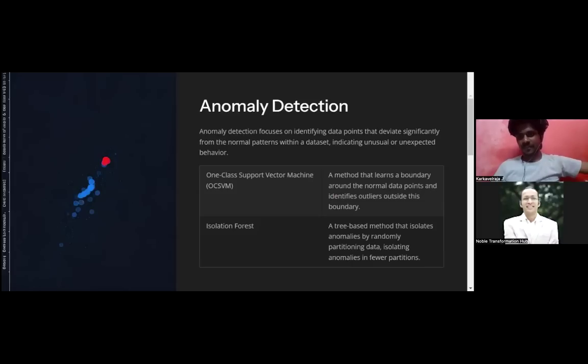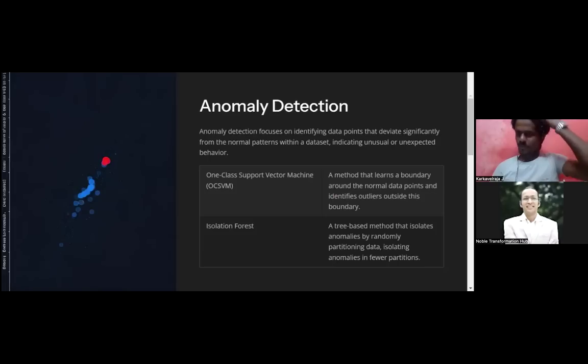So when the data does not match your baseline, normal spread, and shows some abnormal behavior, that is called an anomaly.